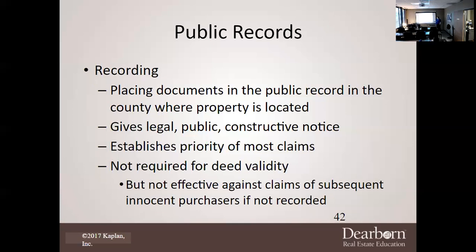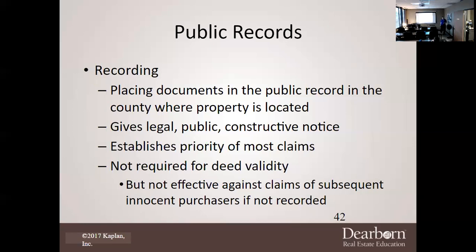However, there is no effect against the claims of subsequent innocent purchasers if it is not recorded. Again, it's very important that you go through in these particular situations and that you are making certain that as you go through these, we are filing things so that it brings notice to people that if you want to find out who owns the property, you can go down to the title or to the deed record and see who has it.